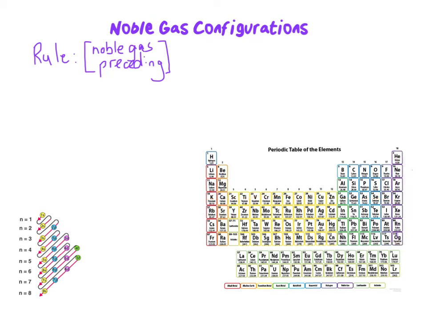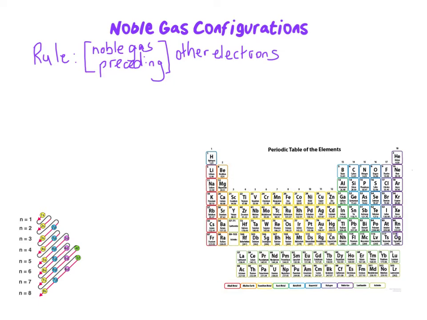After you found the preceding noble gas, you would write the abbreviation in brackets, and then you write the rest or the other electrons in the same configuration that you would write the normal electron configurations in.